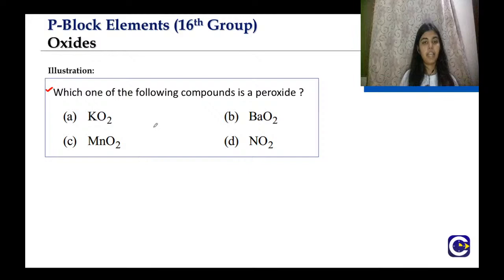Amongst A, B, C and D, which one is a peroxide? Anyone with the answer?